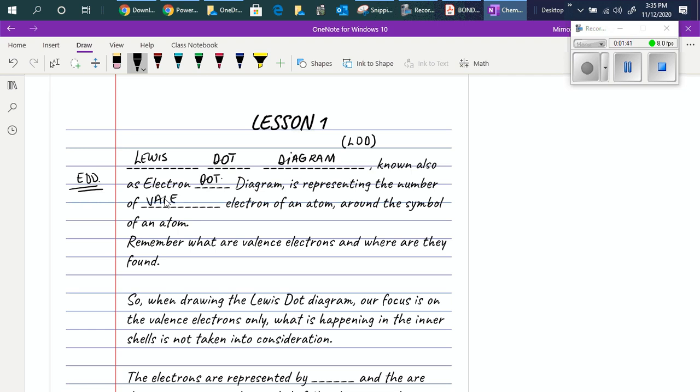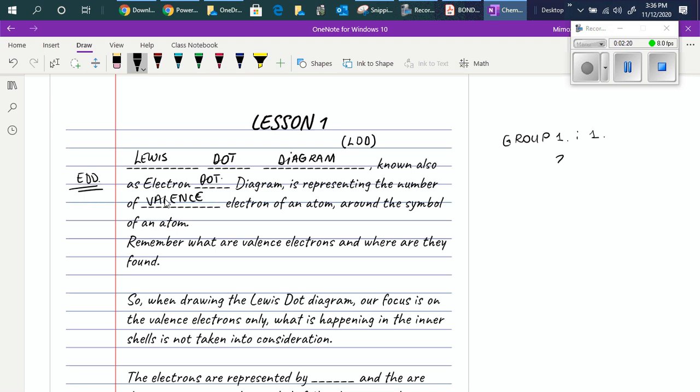So we don't care pretty much what is happening with the electrons in the inner shell, but we just worry about the electrons in the outer shell. Valence electrons are found on the outer shell of the element. So when we are having elements of group 1, and here I'm talking elements like lithium, sodium, potassium, and so on, the valence electron is 1.